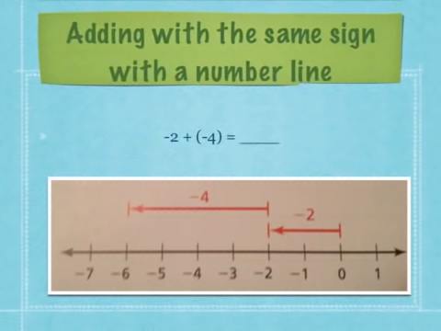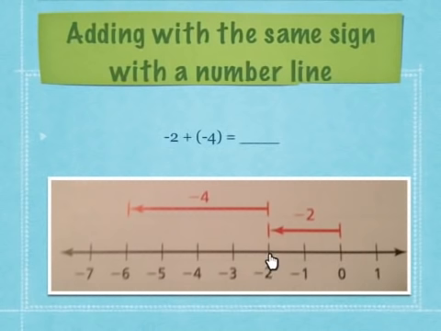Here's our second example using a number line. Again, you can see we have the same sign, both are negative. -2 plus -4. When using a number line, you always start at 0 and move in the direction of the first number. Since our first number is -2, I will move towards the negative number 2 places and stop.